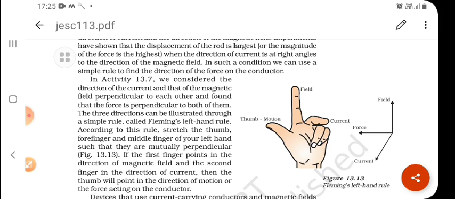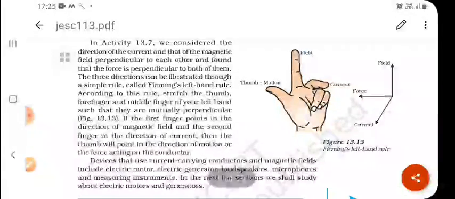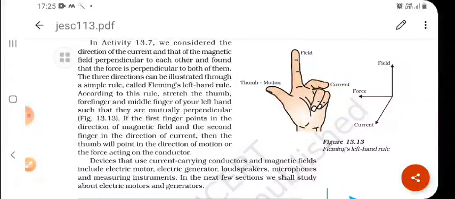If the first finger points in the direction of magnetic field, and the second finger in the direction of current, then the thumb will point in the direction of the motion or the force acting on the conductor. We can conclude the direction of the force on this conductor by Fleming's left hand rule.